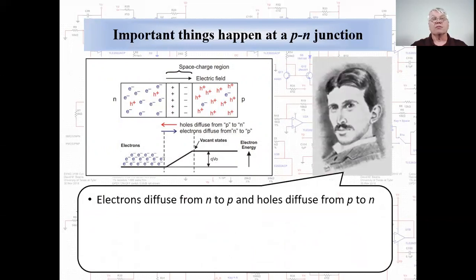Concentration gradients, large electron concentrations on the N side, large hole concentrations on the P side, will drive redistribution by diffusion. We will have holes diffusing from the hole-rich P side into the N side, and we will have electrons from the electron-rich N side diffusing into the P side.